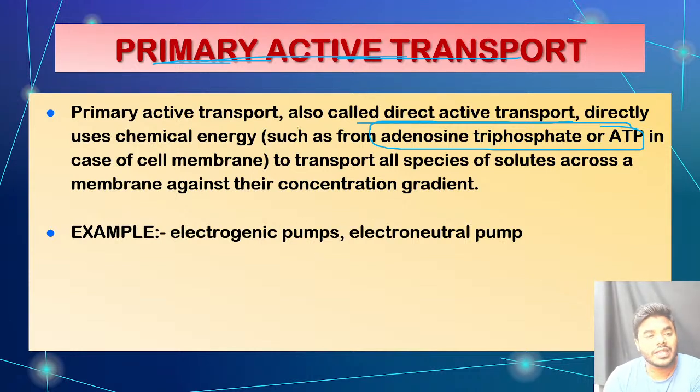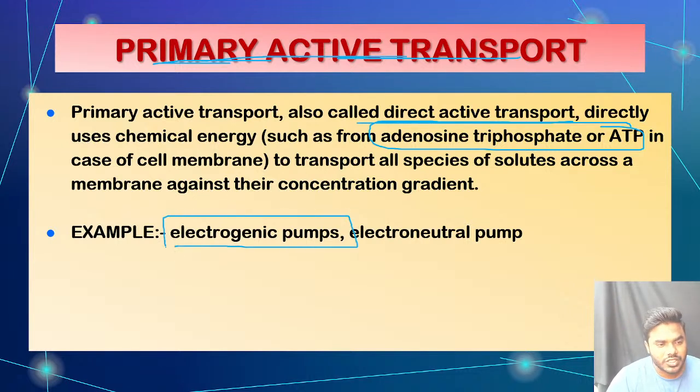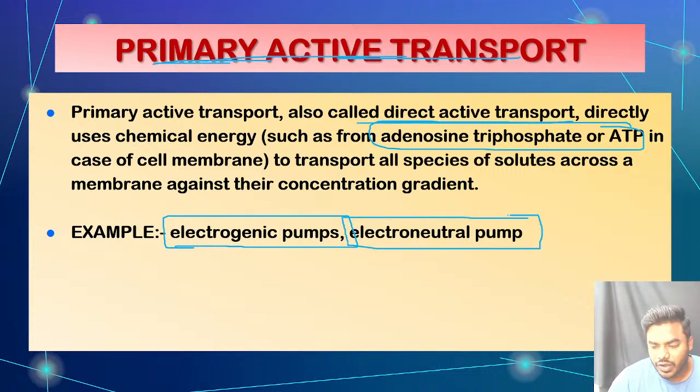Friends, what are the best examples of the pumps that can mediate active transport? Listen to me carefully. The electrogenic pump, followed by the electroneutral pump. Now you can ask me, sir, what is the difference between the electrogenic and electroneutral pump?